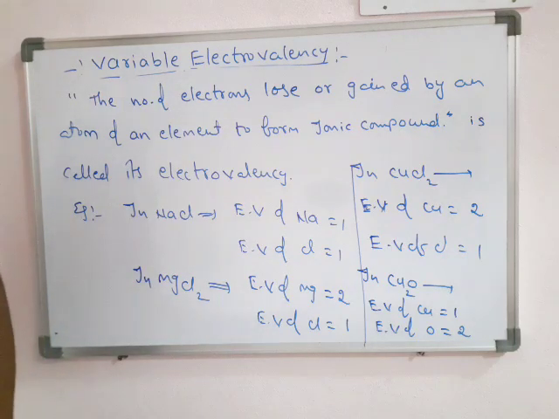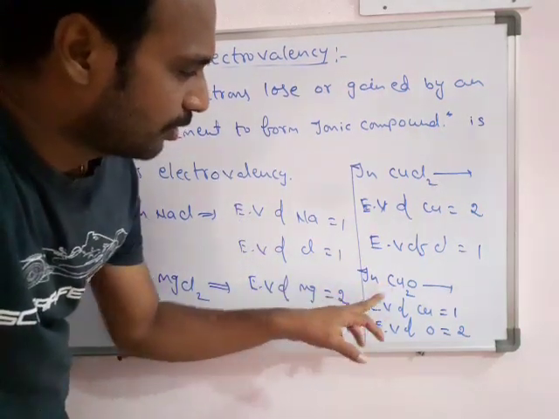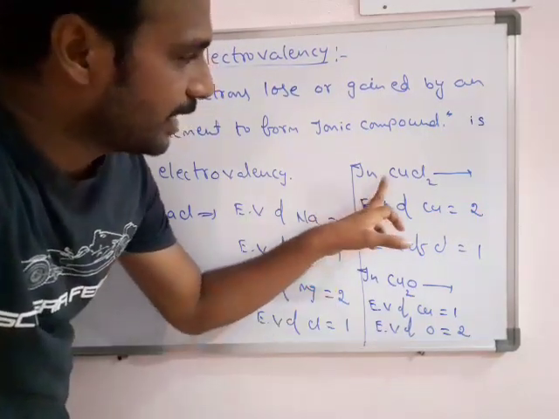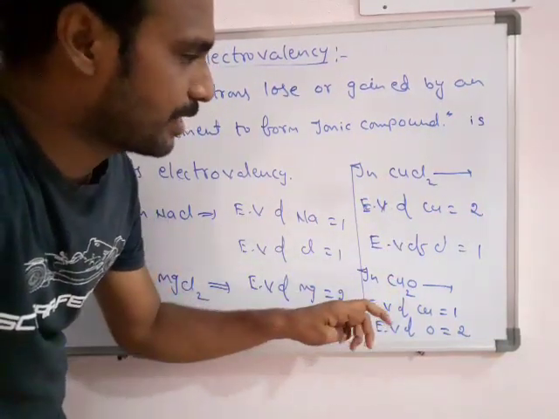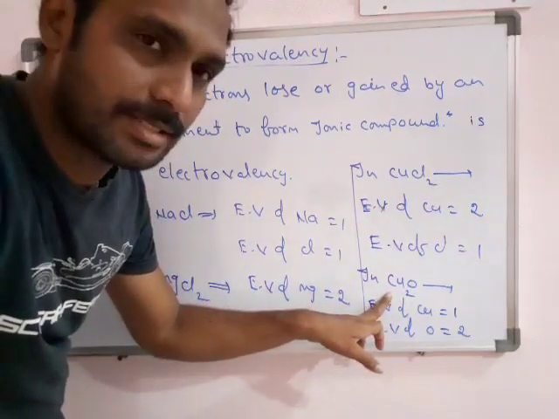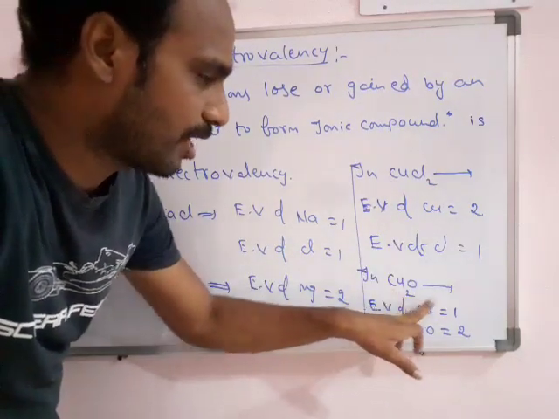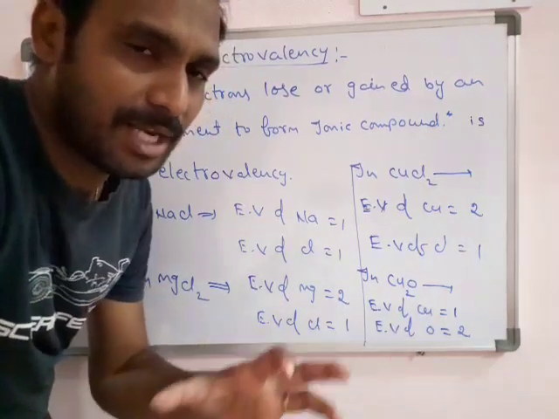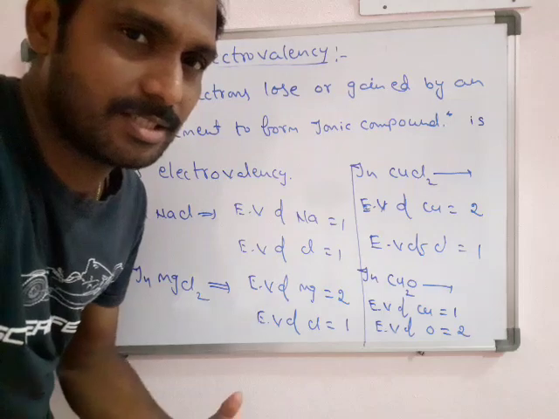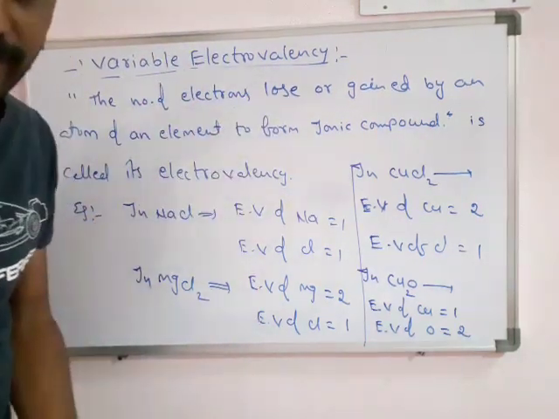So this is the electrovalency in electrovalent compounds. For some metals it is fixed, but in some cases, for example, here we discussed cupric and this is cuprous. Here the valency of copper is 2, here the valency of copper is 1. Means some elements show different types of valencies. That is called variable electrovalency.